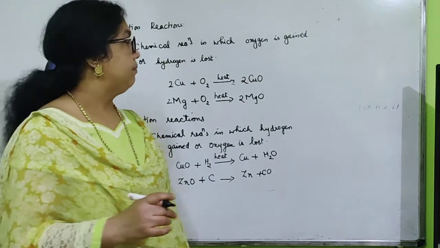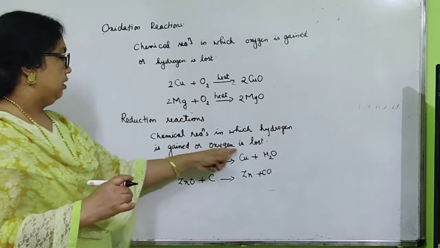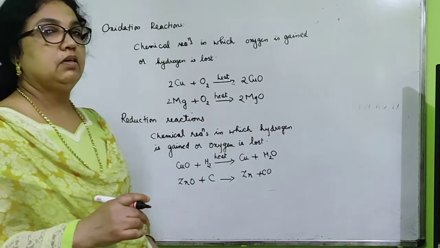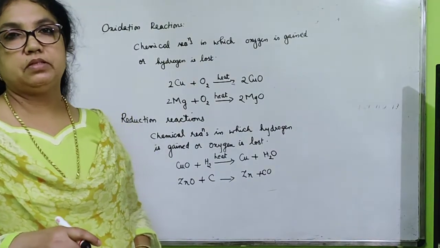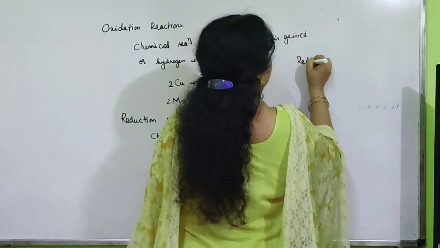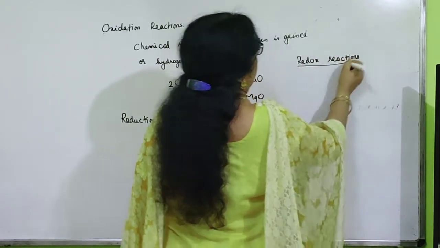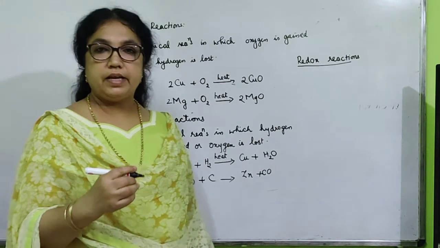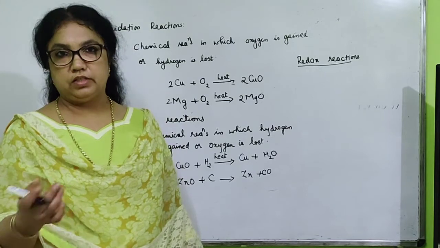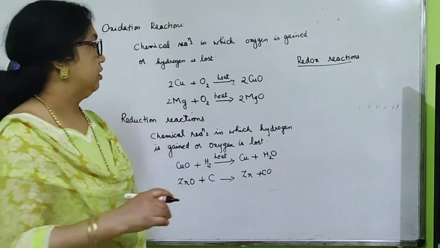Here only oxidation occurred, there only reduction occurred, but in some chemical reactions both oxidation and reduction happen. That is called a redox reaction. So redox reactions are chemical reactions in which one of the reactants gets oxidized and the other reactant gets reduced.